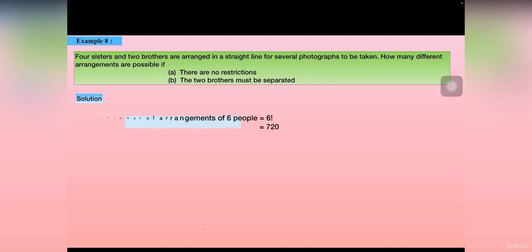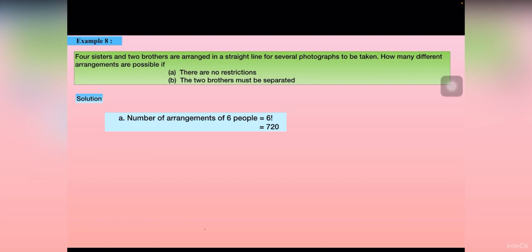Solution. Number of arrangements of 6 people, 4 sisters and 2 brothers, with no restriction. Okay, we have no restriction for the first part. So we have 6 factorial equals 720 ways.